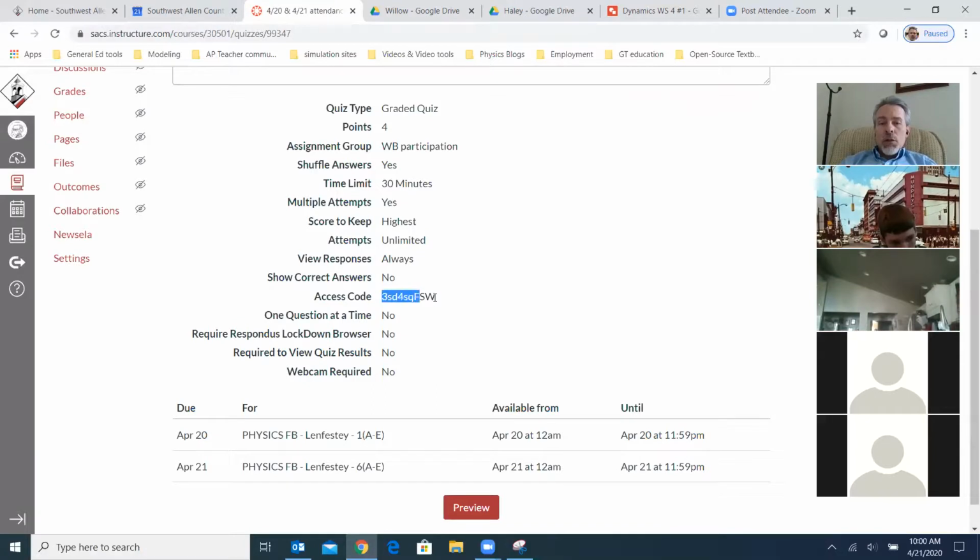So here is the code. It's the number 3, then lowercase s, lowercase d, the number 4, lowercase s, lowercase q, and then the last 3 are uppercase F, S, W.